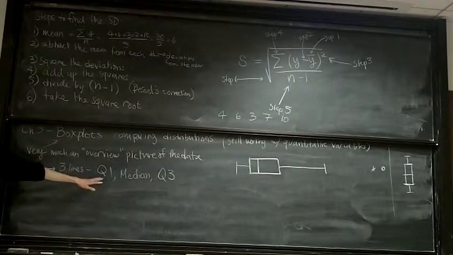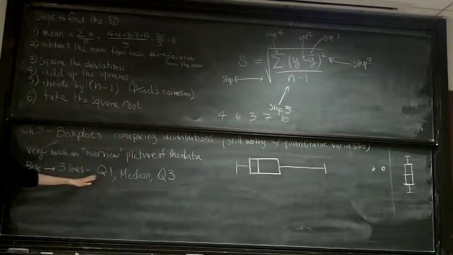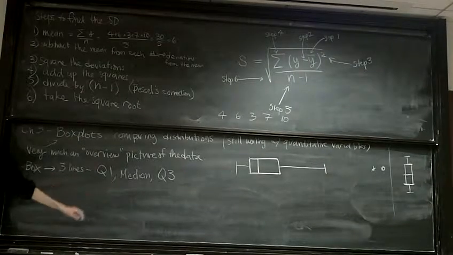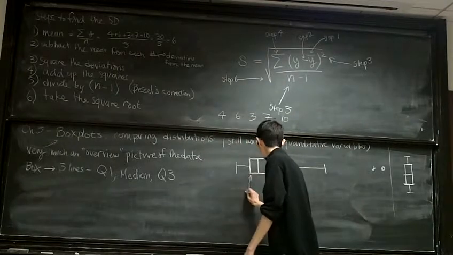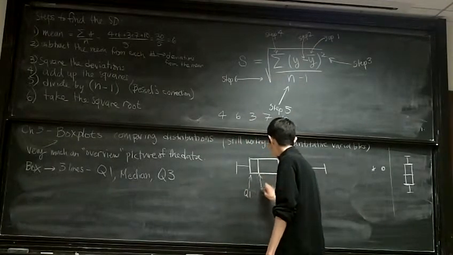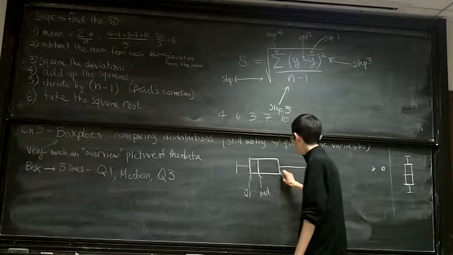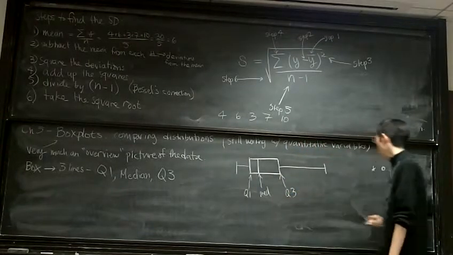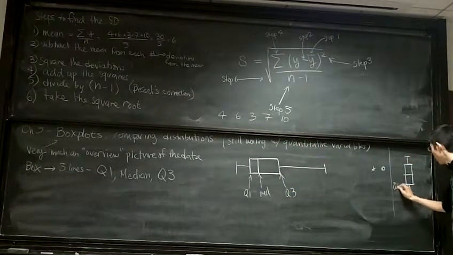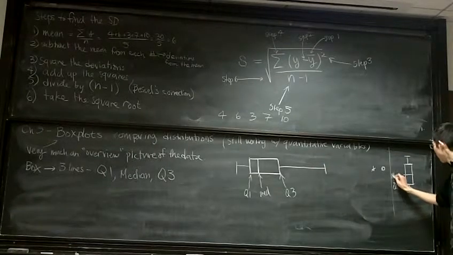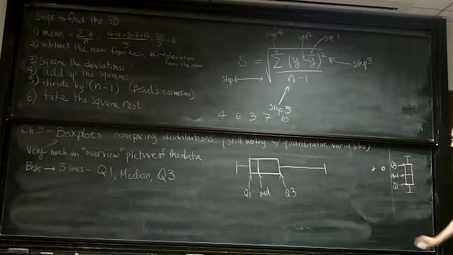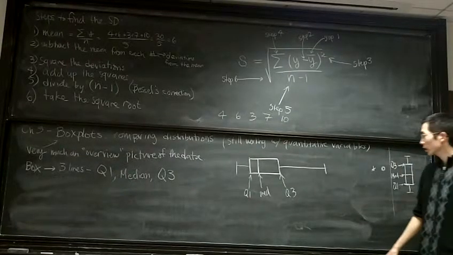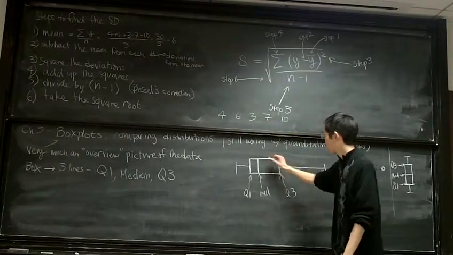We should all be comfortable finding Q1, the median, and Q3. On the vertical one, this is Q1, this is the median, and this is Q3. So this is the box.